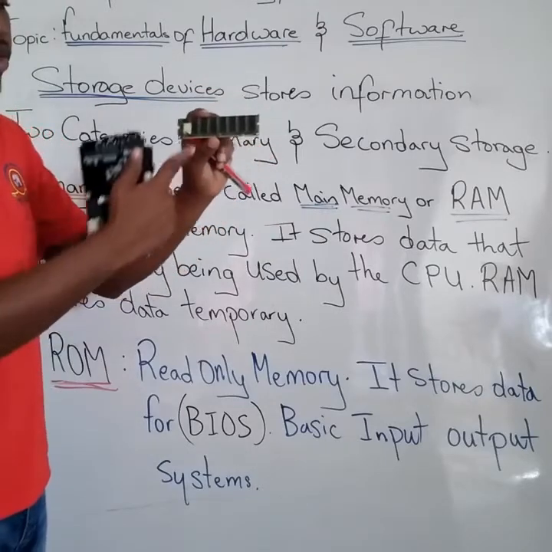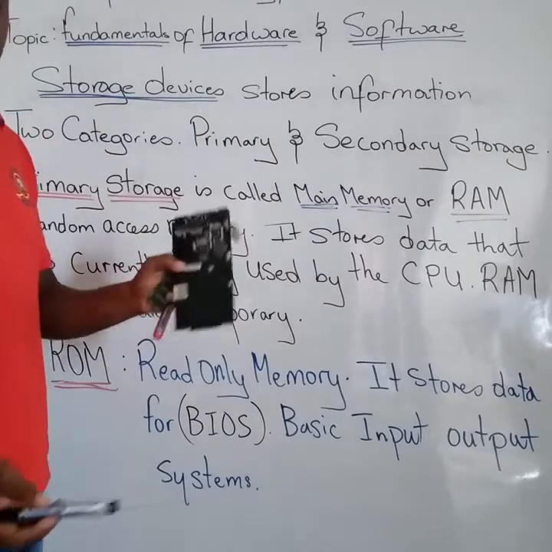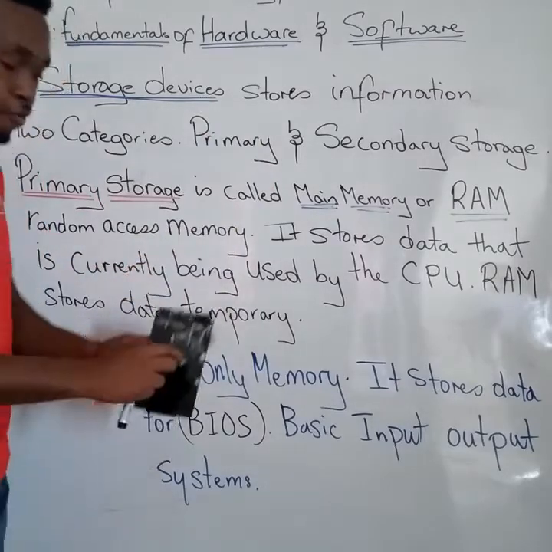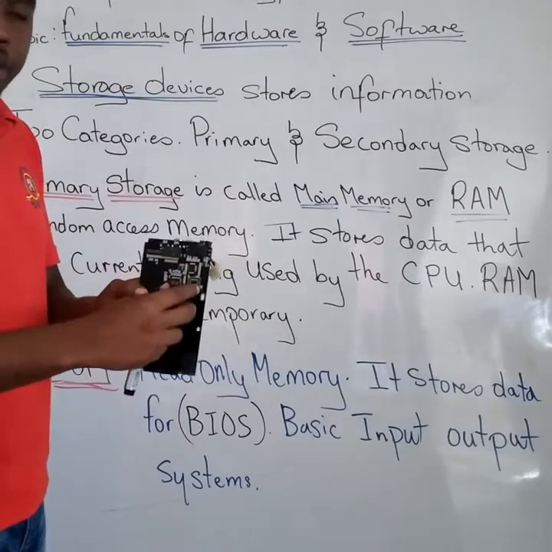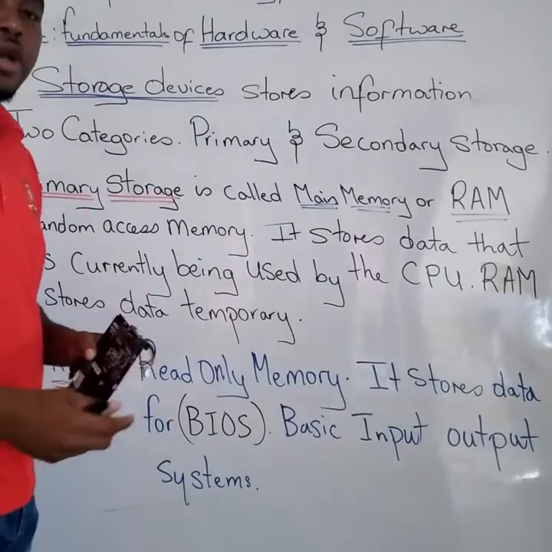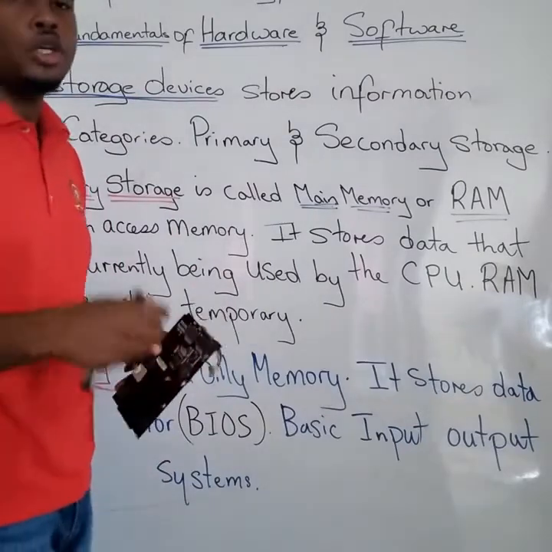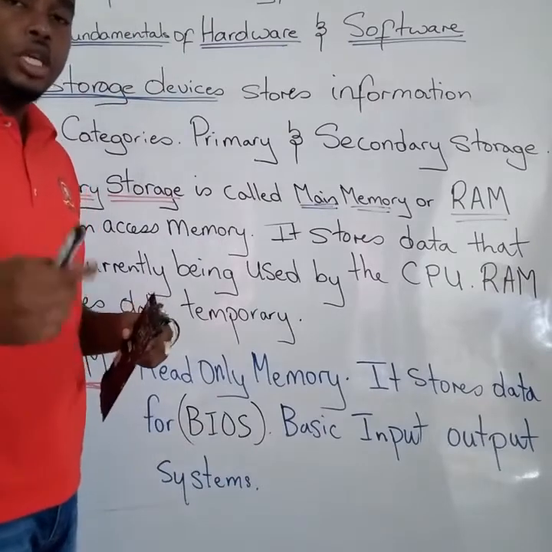Some laptops would use half the size of this. This would be a little example of what we call our ROM, read-only chip. This chip is embedded on the board, and it is going to store data for your basic input and output systems.